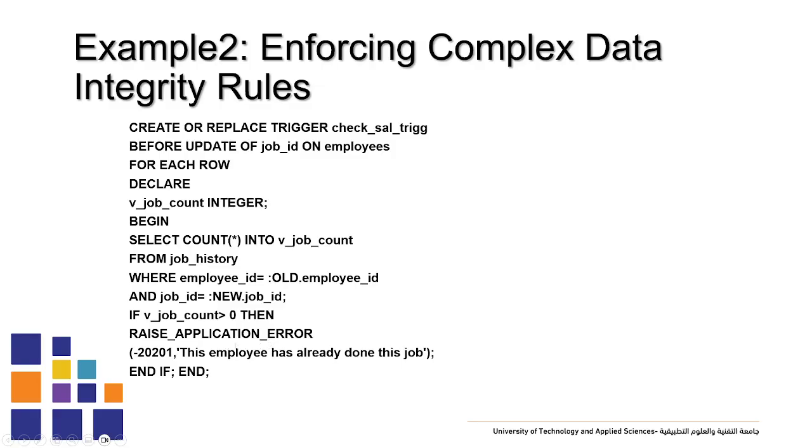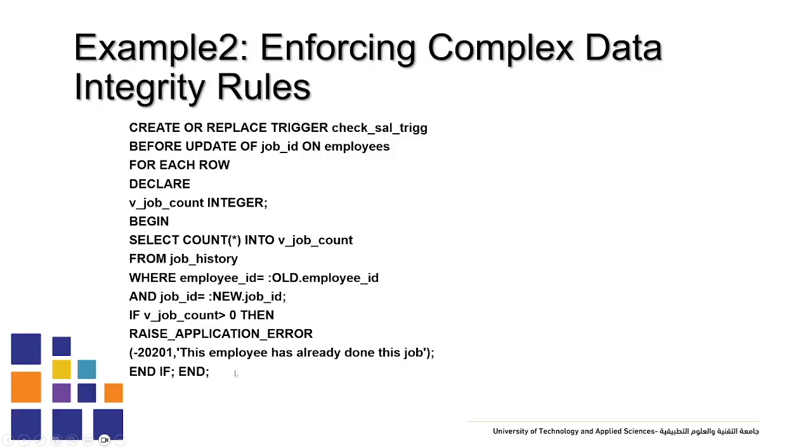But then, of course, there will be a code between negative 20,000 to negative 20,999, and probably an error message that will display whenever the trigger raises an error. So: this employee has already held this job.